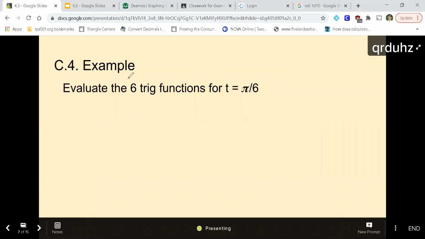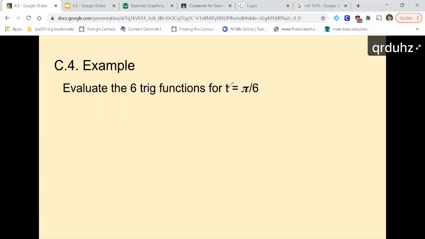So if we want to find the 6 trig functions when our real number is the angle pi over 6, we could do that fairly quickly, actually.